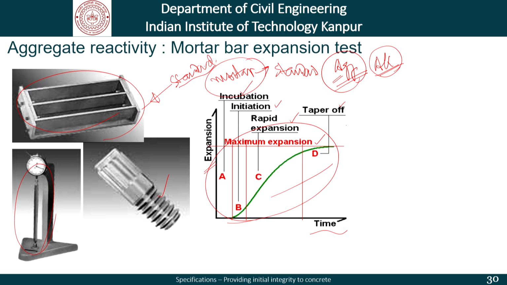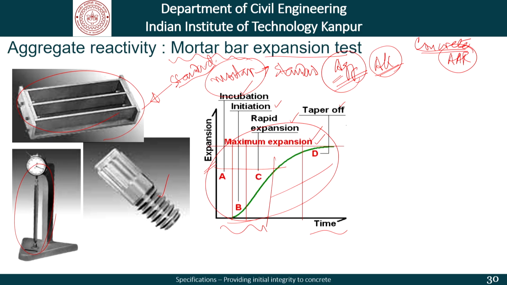So, what is being done here is that we are using this test, which is basically being carried out using a mortar bar, to decide whether the concrete that we have in the structure is going to be susceptible to alkali aggregate reaction related expansion or not. Now, we can have limits on the maximum permissible expansion, the kind of expansion which we get at a certain point in time, and so on and so forth.